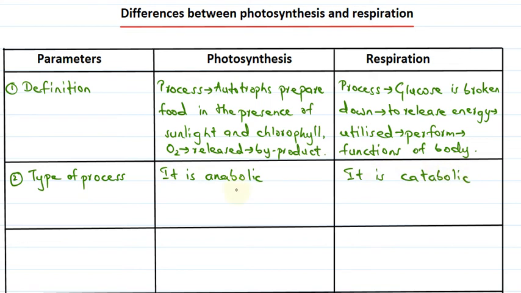Anabolic means it involves the formation of substances. In photosynthesis, food is being formed from simple substances like carbon dioxide and water. Whereas catabolic means it is a process of breaking down of components. So here glucose is being broken down, so it is a catabolic process.